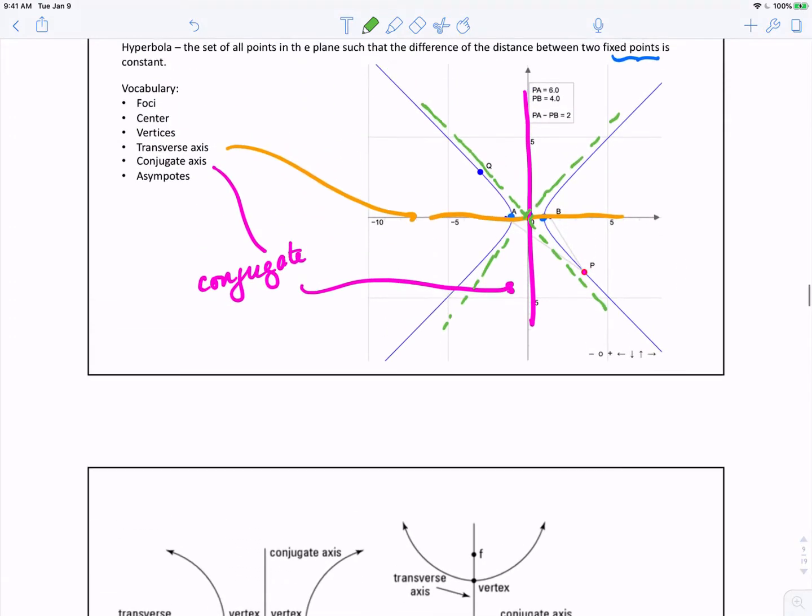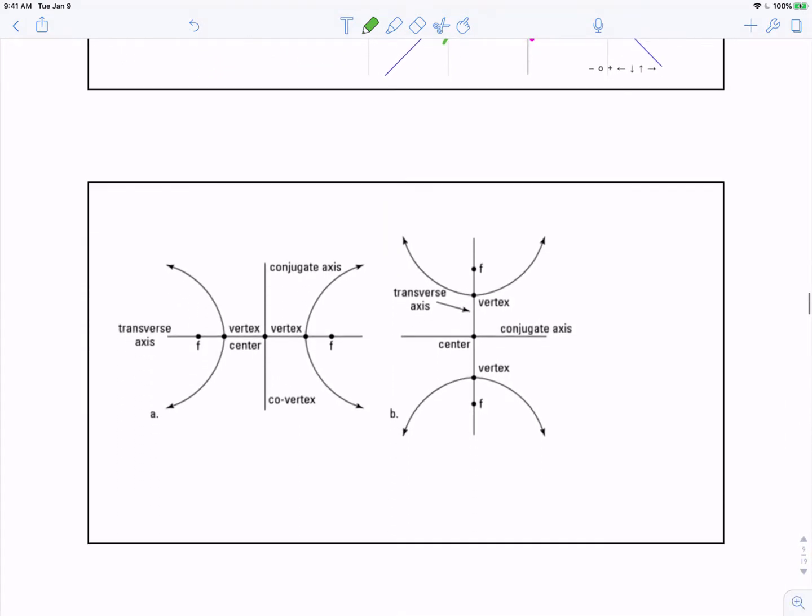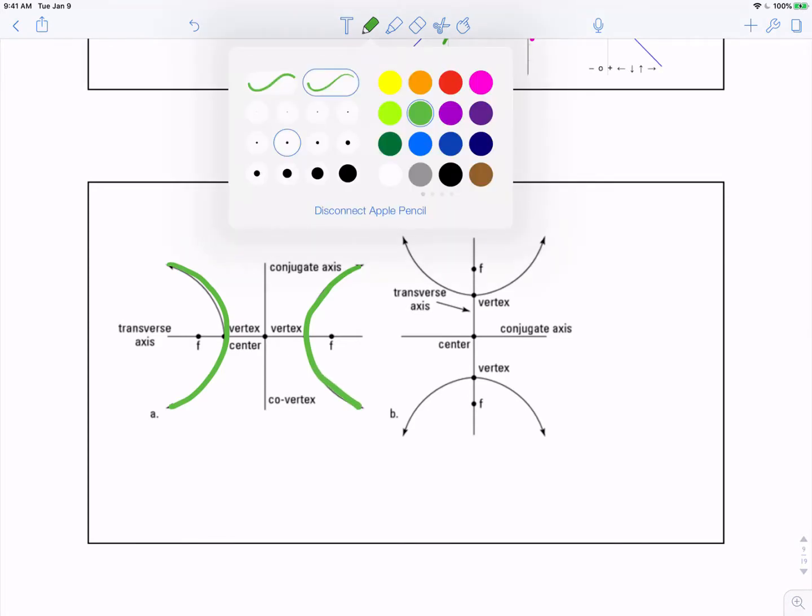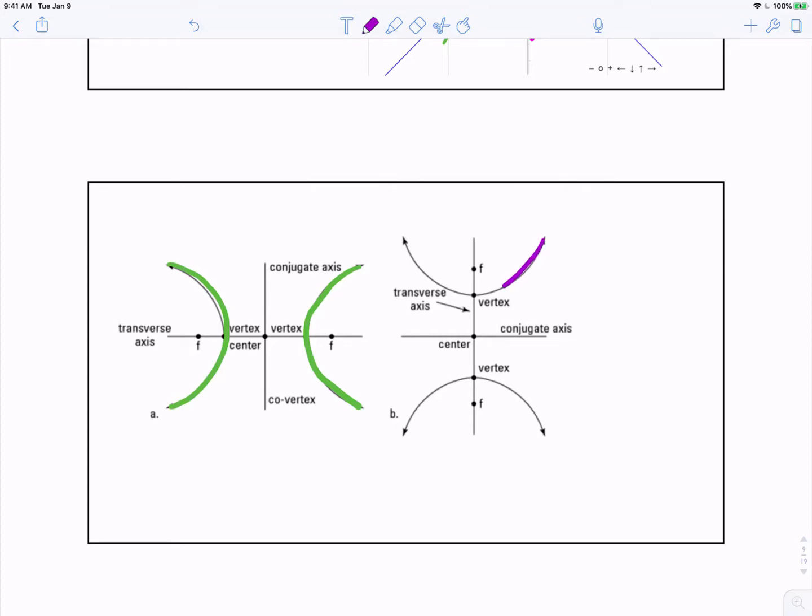This shows that the hyperbola can have two different orientations. You can have a hyperbola where the wings of the hyperbola, the pieces of the hyperbola, are oriented sideways, horizontally, or you can have a hyperbola where the two parts of the hyperbola are organized vertically.